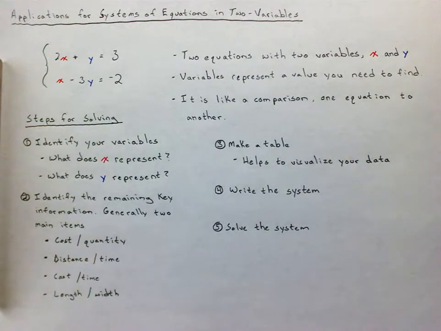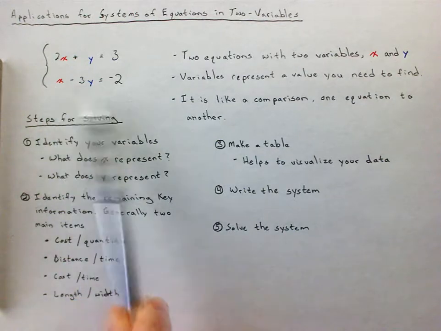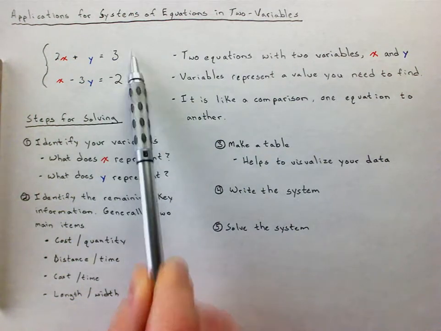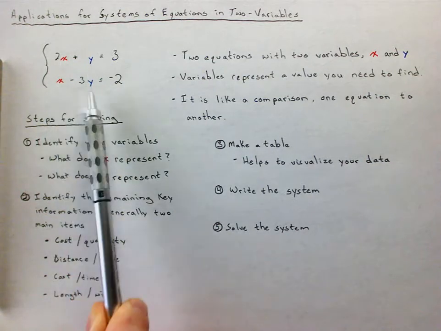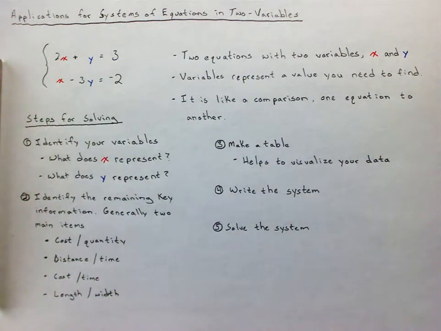Given a system of equations, we have equation 1 and equation 2, and we have our variables as indicated by x and y, x in red, y in blue. So basically this is two equations with two variables, x and y. Variables being unknown. I do not know what x is and I do not know what y is.